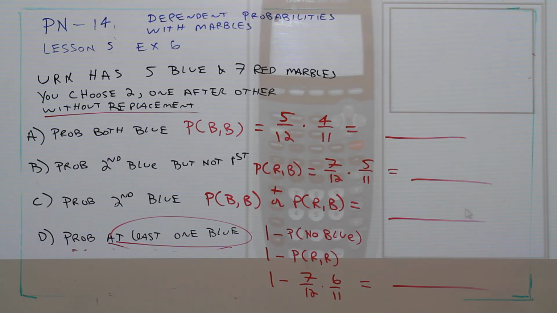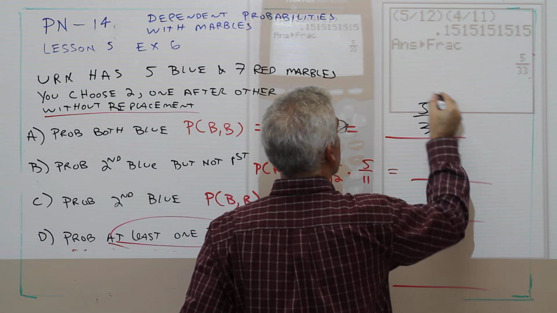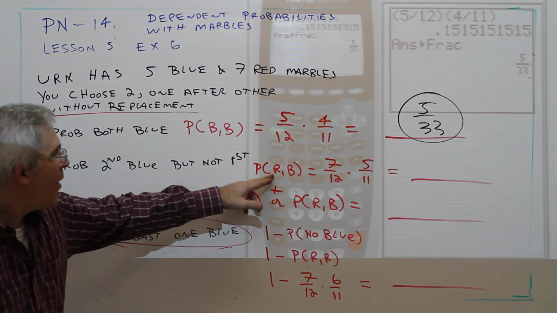All right, for the first one, parentheses 5 divided by 12, and parentheses 4 divided by 11. I'll go math frac. I get 5 over 33. All right, second one.